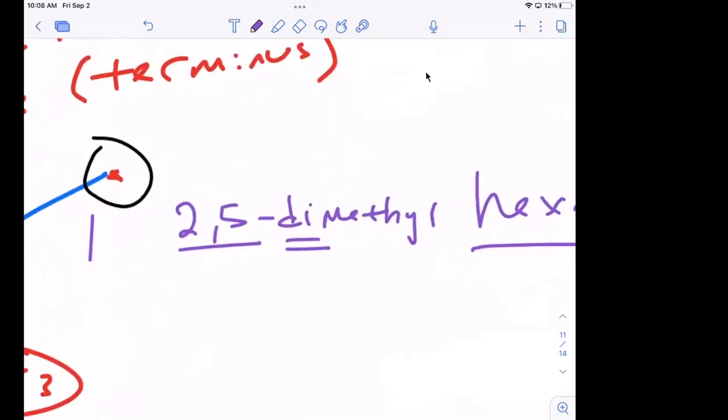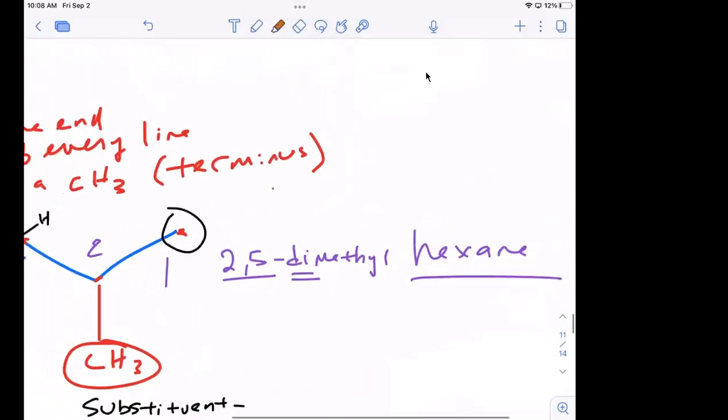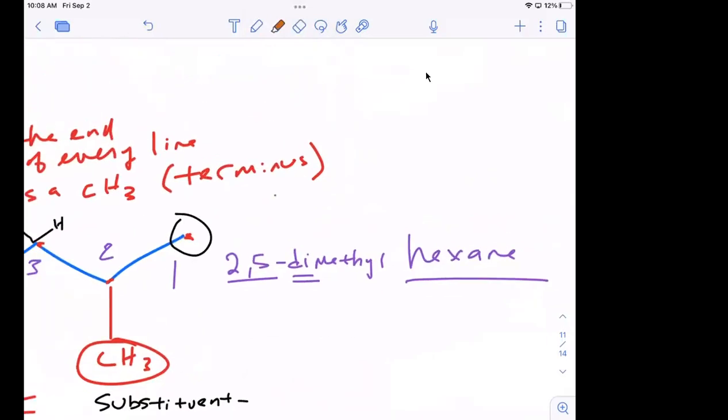Again, anytime you name a compound, you always have to give the address, and I like to think of it like a street. So you have an address, and you have your residence, and then you have the street name.